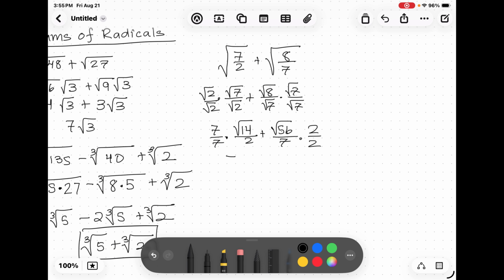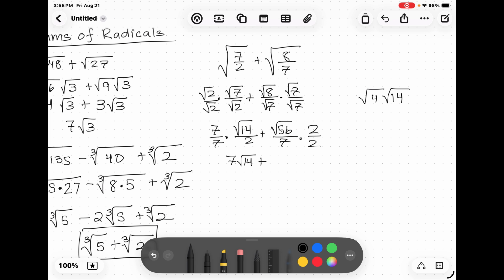And that'll give me 7 rad 14 plus, as I go through this step, I'm going to simplify the rad 56. I'll go off and do that to the side. So that's rad 4 times rad 14. 4 times 14 is 56.